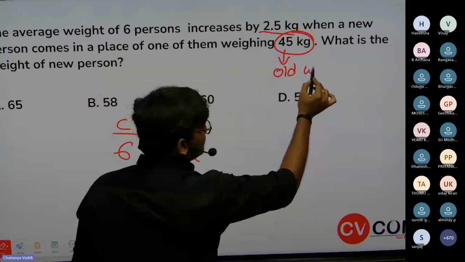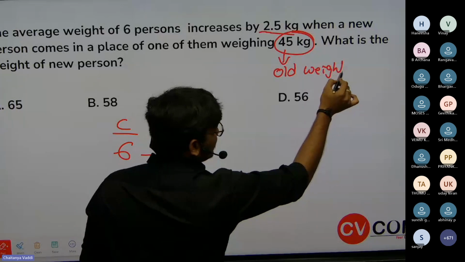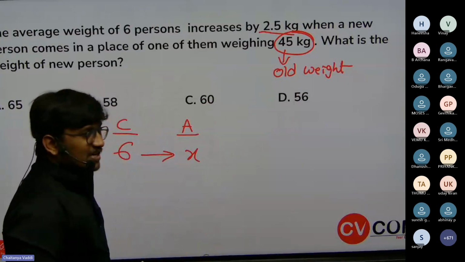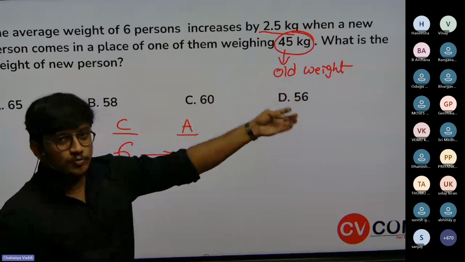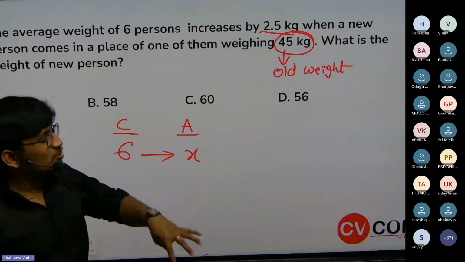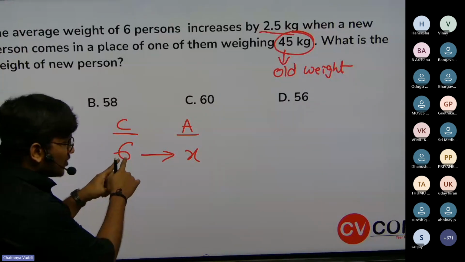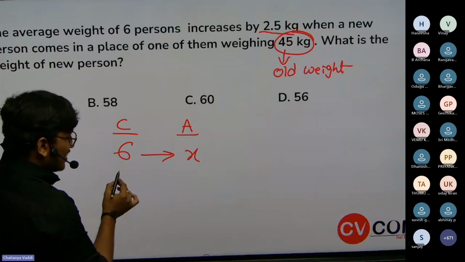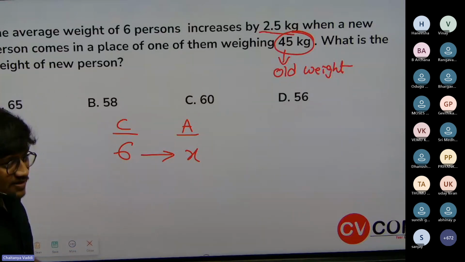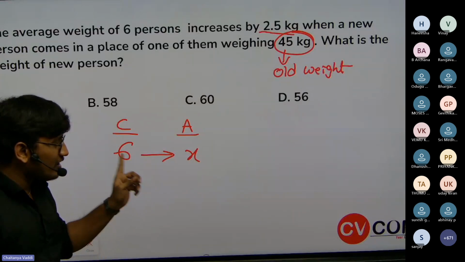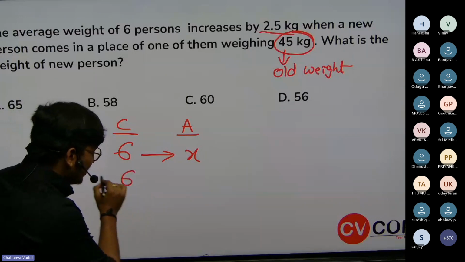Okay, the old person's weight is given as 45 kgs. In place of that particular person, a new person comes into the picture. So because of that, the average is increased by 2.5 kgs. Let's say 6 persons as the count, average is X. Now, when replacement happens, obviously we all know that the count will not change. So the count will be 6.